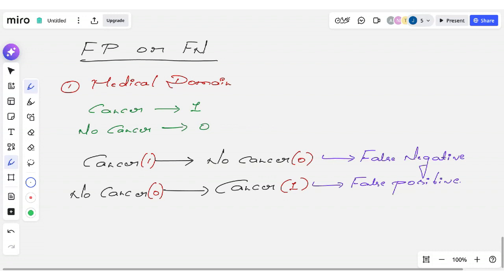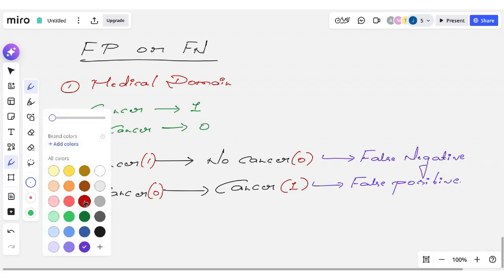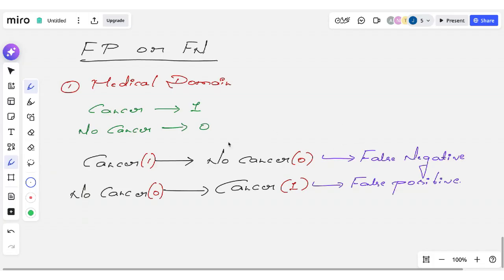And in cancer, if we neglect it, what will happen? If the patient assumes you don't have cancer, doesn't get a second opinion and doesn't take treatment, the cancerous cells will multiply and the situation worsens. So in medical cases, false negative is always dangerous.